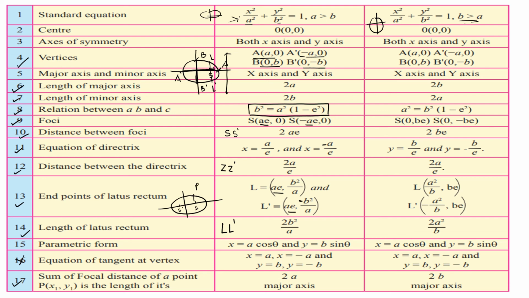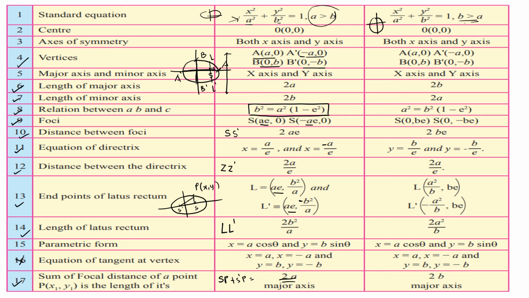So I want to find the distance SP plus S dash P. You know S, S dash and P, so apply the distance formula to find SP, and apply the distance formula to find S dash P. Add both. Where a is greater than b, we will get the answer as 2a. SP plus S dash P will come out to be 2a.